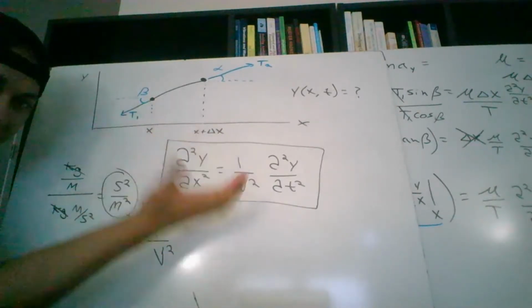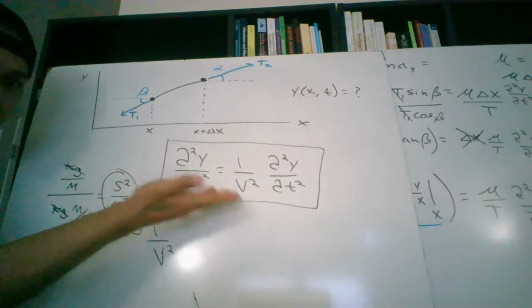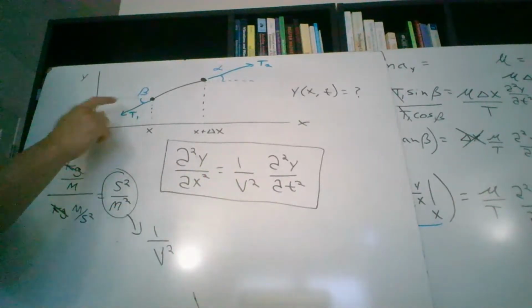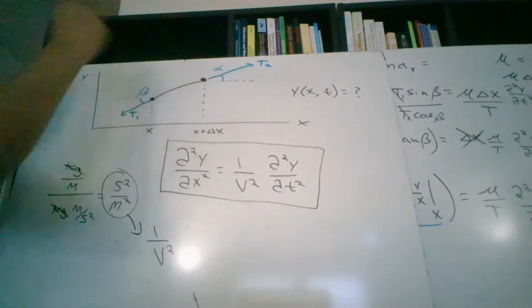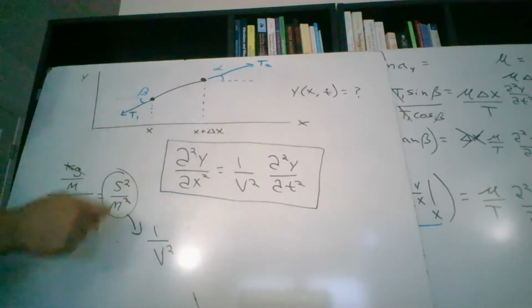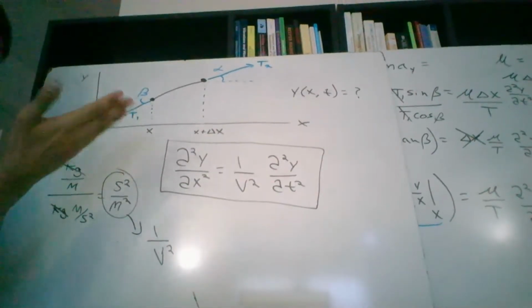Remember how I talked about the electric field equation and the magnetic field equation, and it looks similar to this? This is the wave equation, and I've derived it using a string wave.